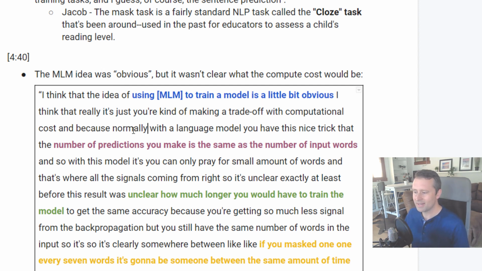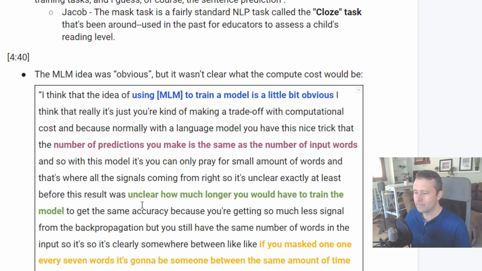But here's the difficulty with it that he thinks maybe prevented people from going with this idea earlier. The nice thing about the standard language model is that you get to predict every word in the training text, right? Because you're just going through them one at a time. So the number of training samples that you get out of the text is equal to the number of words in the text.